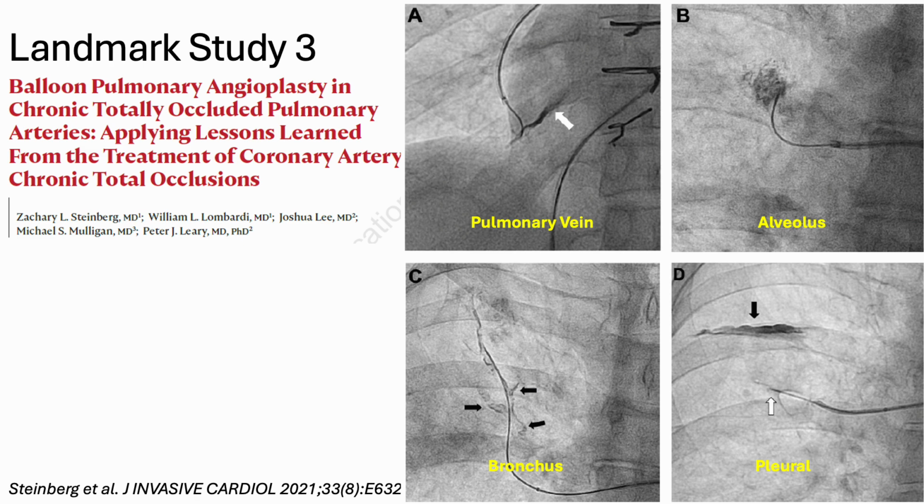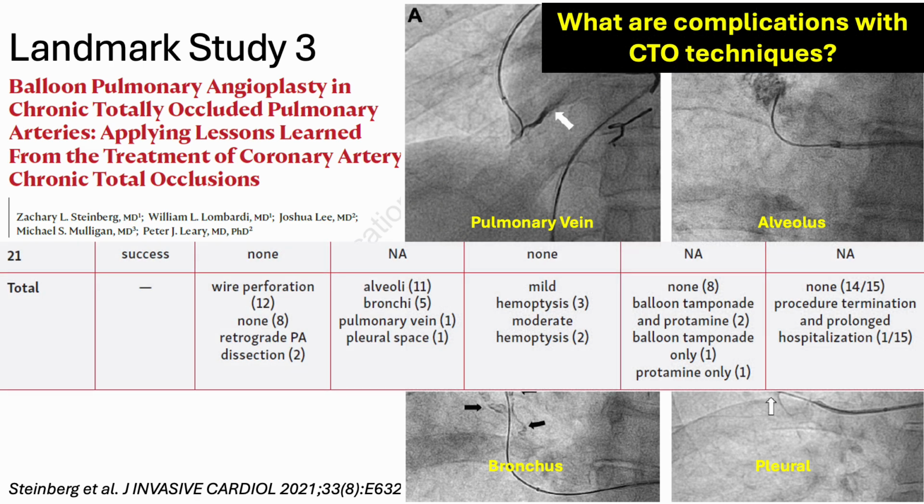So what happens when you do this? Well, it turns out that in 21 cases, there were a number of successes after multiple attempts at CTO recanalization, and you can see here what actually happened from wire perforation, dissection, etc. In the far right-hand segment, you can see what they actually did. In 14 out of 15 cases, they didn't have to do anything.